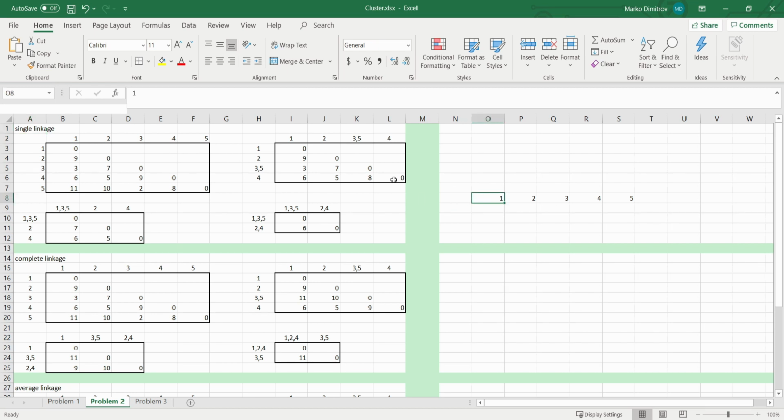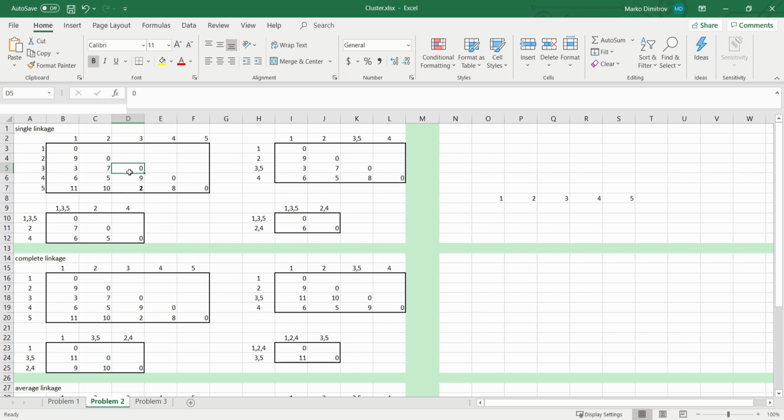So we can see the distances between 1 and 2, 1 and 3, 1 and 4, 1 and 5, 2 and 3, and so on, and find which one is the minimum in our first step. Because we skipped the step of computing distances, what we know is that the least distance is 2.